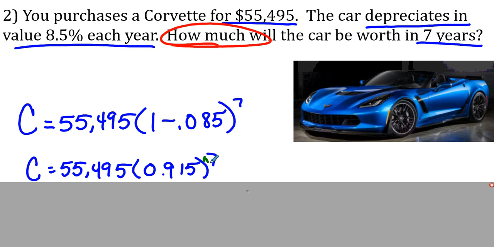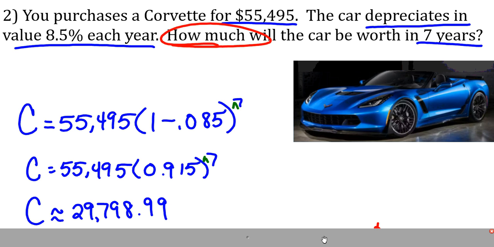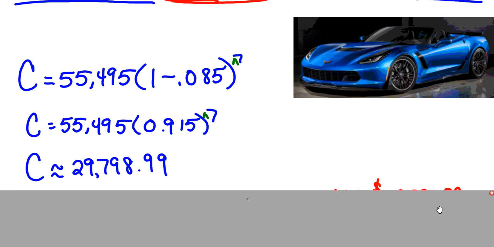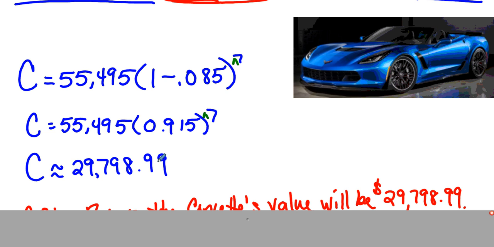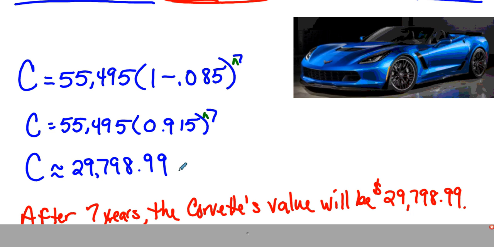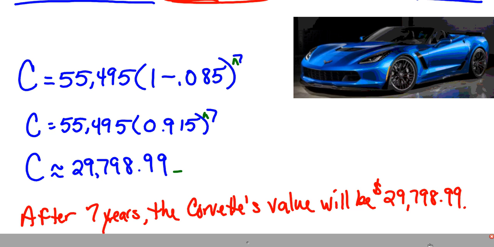If we use our calculator to evaluate, the approximate value of the car 7 years later would be $29,799. Not 99, I'm sorry, 0.9999 cents. We'd only round up to the nearest dollar if this third decimal place was higher than 5. So again, $29,798.99 after 7 years of buying it.